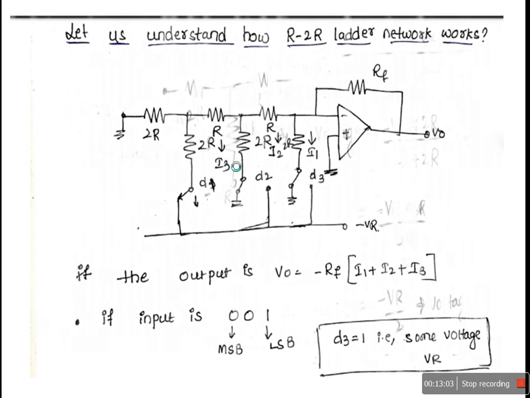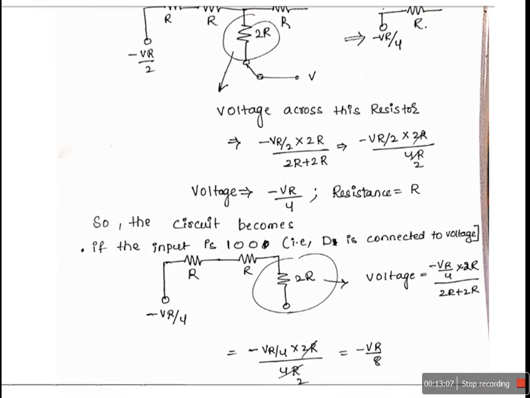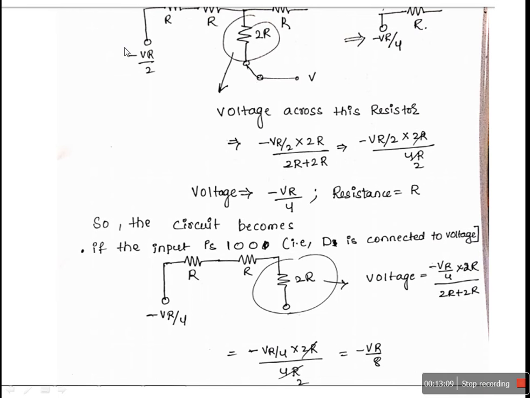So in order to calculate the next bit, I am representing the first bit. After calculating the first bit, I get the voltage as minus VR by 2 and the equivalent resistor is R. How are you getting the R value? Because 2R into 2R by 2R plus 2R. And after that you have one more R and 2R. This is connected to D2, and D2 is connected to minus VR, and I need to calculate the voltage across this path.